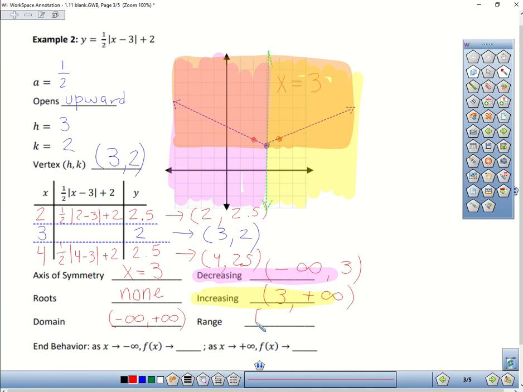So it's going to be from square bracket 2, because 2 is my lowest y value, going up to positive infinity. Remember, your range will always include your k value, whether it be on the front end or the back end of your interval. And is my graph going up or down on both sides? Up. So this is positive infinity. Positive infinity. Questions?